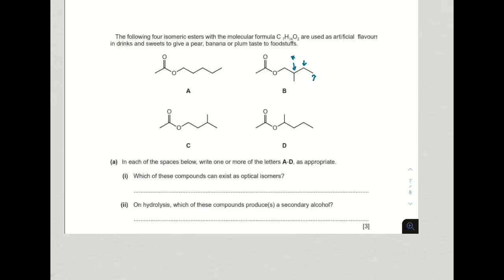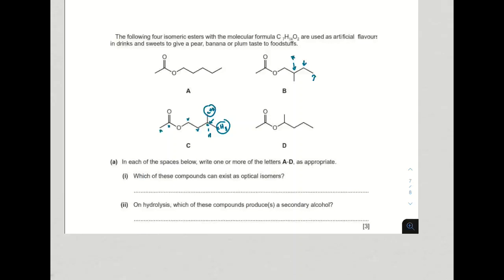Let's have a look at C. Not a chiral center, not a chiral center, not a chiral center, not a chiral center. But here this carbon, we know that it is attached to this CH3 and then this CH3, and there is going to be 1 H here, but because CH3 here is the same as CH3 here, this carbon is not a chiral center.